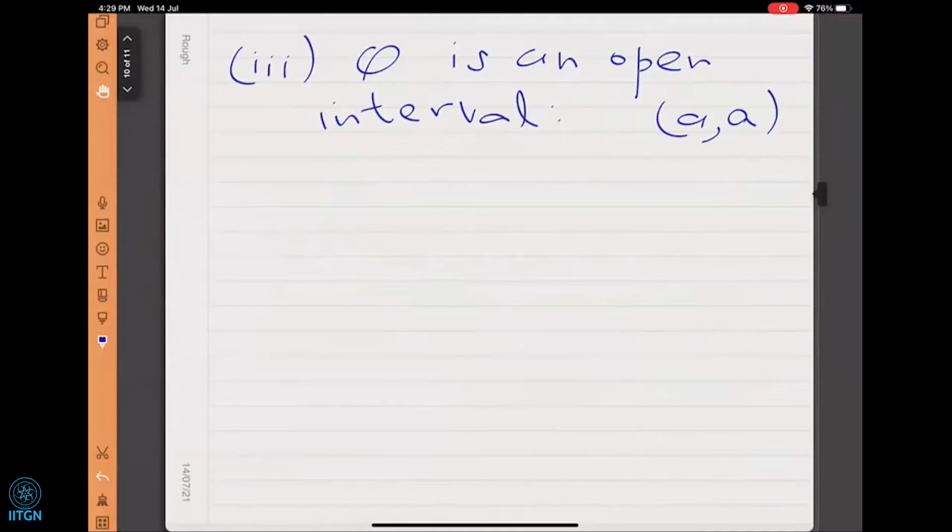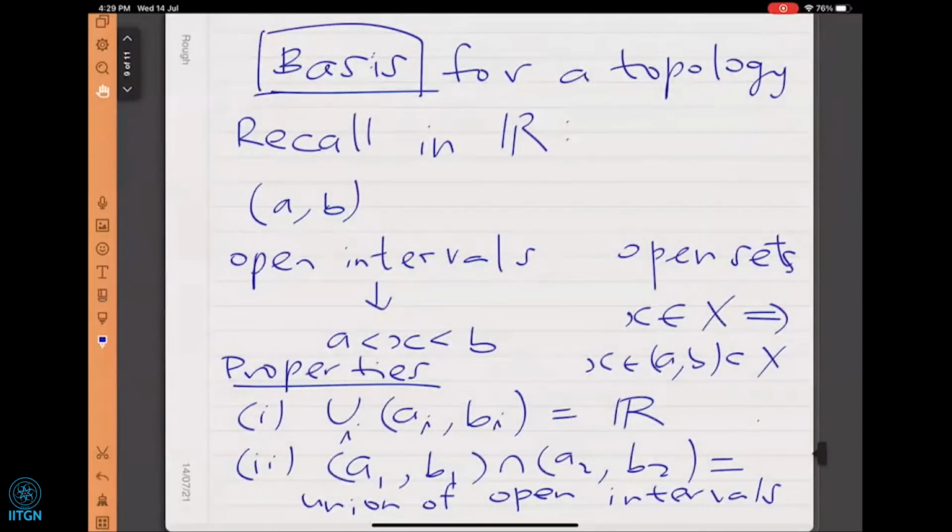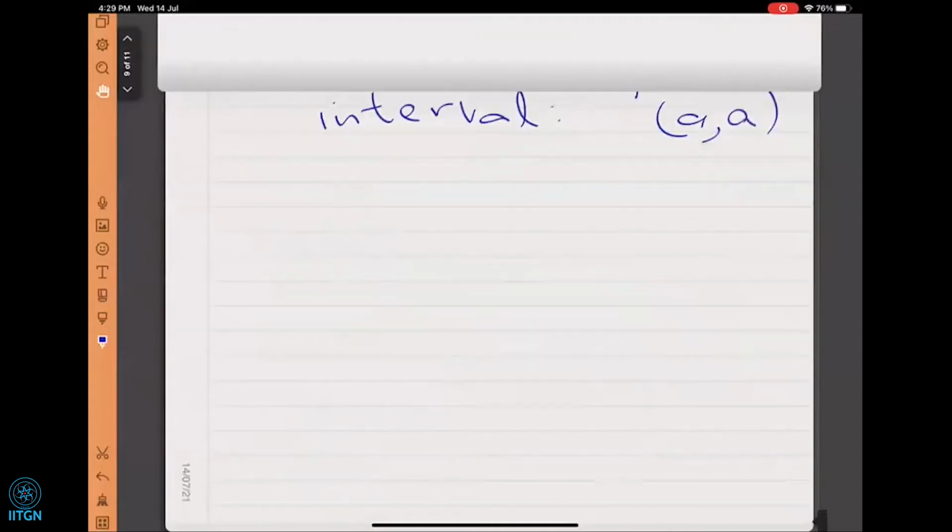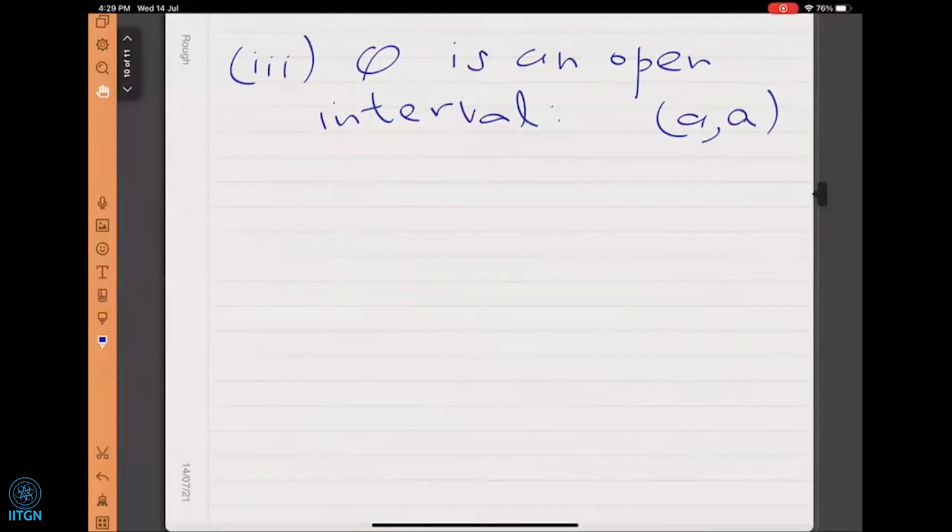It's the set of points which are greater than a and also less than a. So there are no such points. So that's phi. So three properties of open intervals in R. One, that the union covers the whole of R. Second, that the intersection of any two is the union of other open intervals. And the third is that the empty set is an open interval.